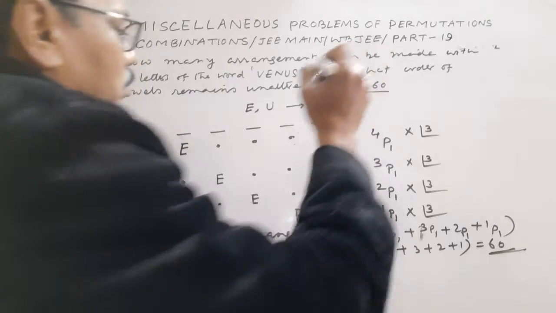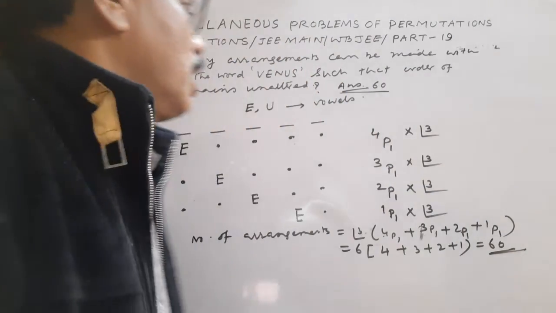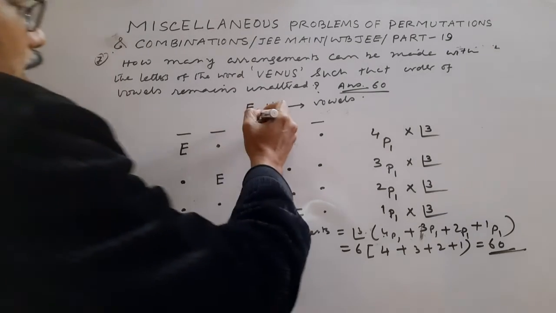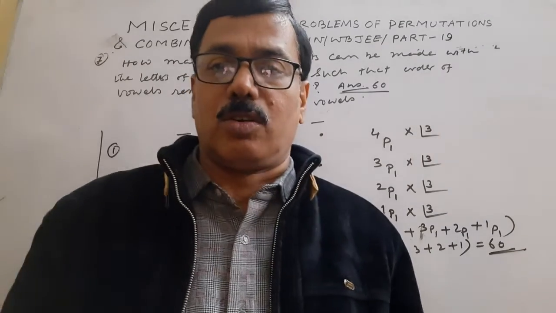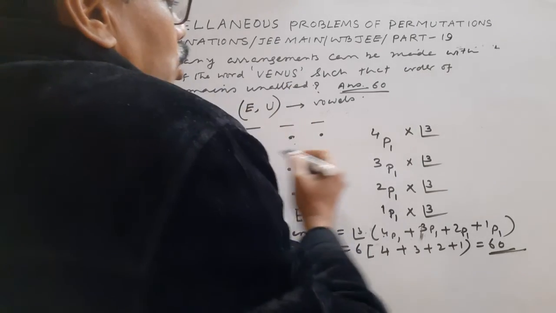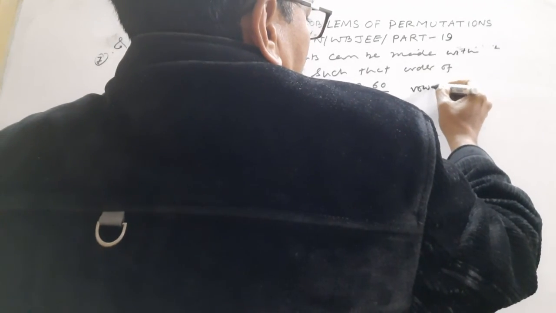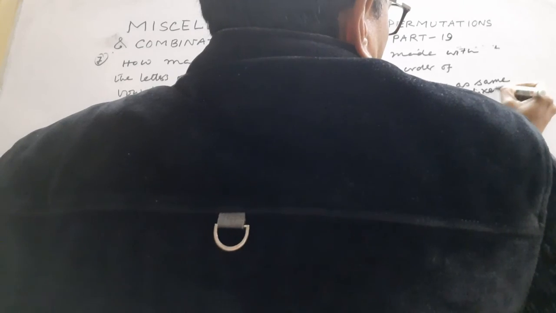So the order of vowels. Now there is a shortcut method. If it is given that the position of vowels remains unaltered, then we consider E and U vowels as the same, that is alike letters.